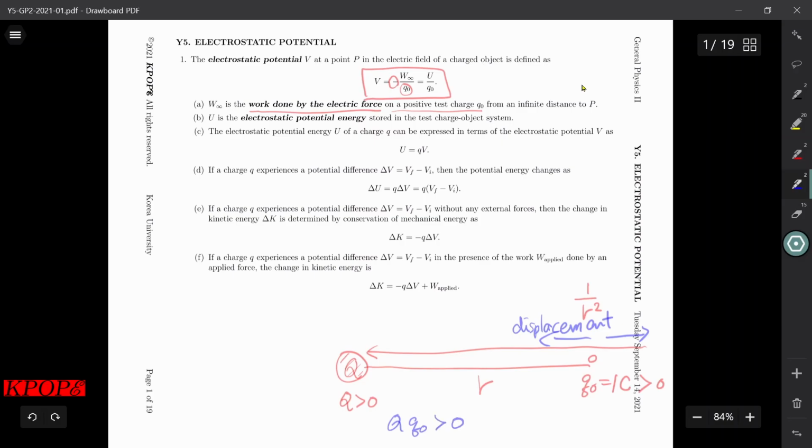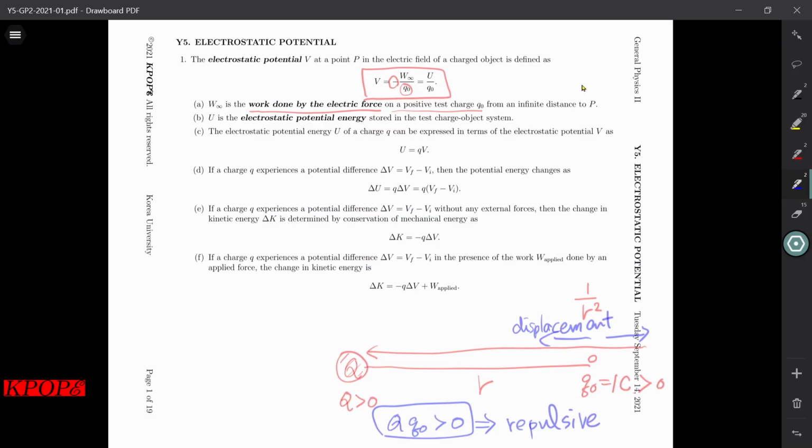This is positive. The electrostatic force is repulsive, so the force is opposite to the displacement.